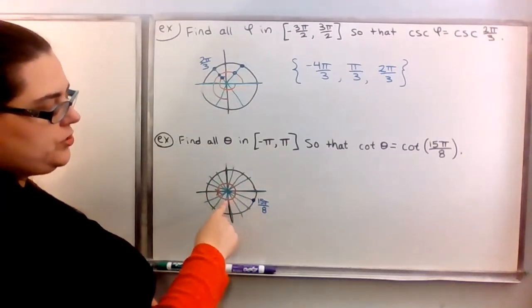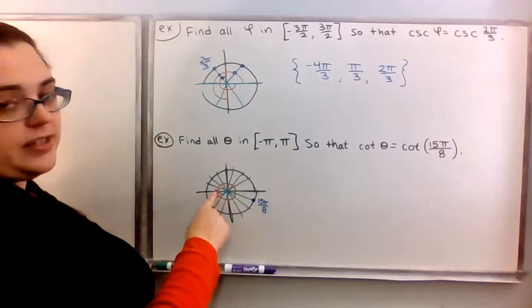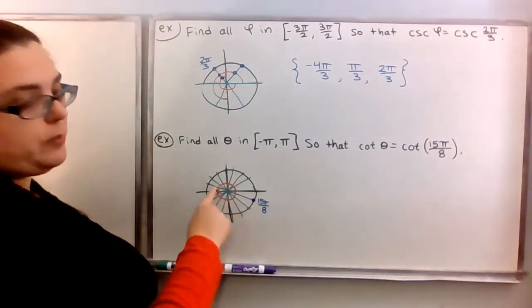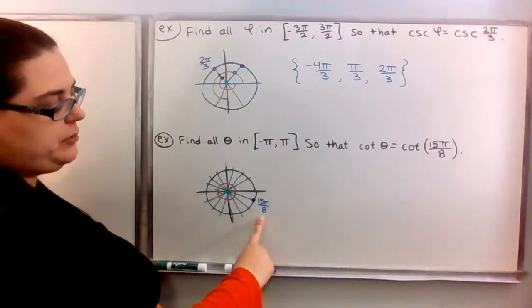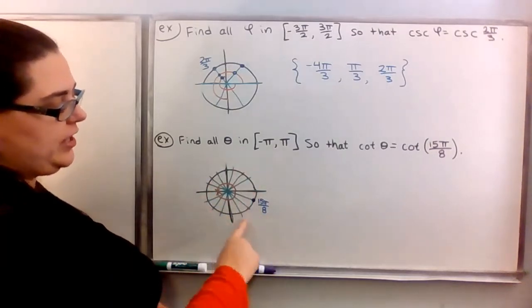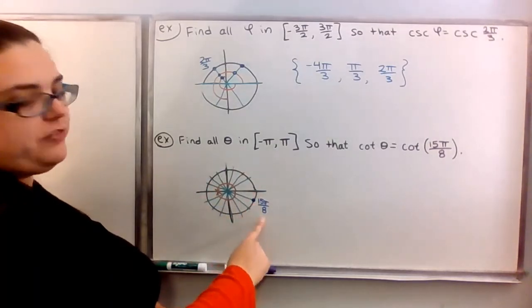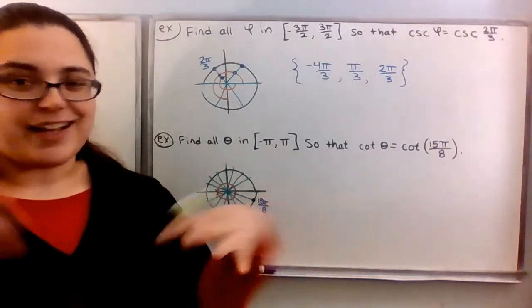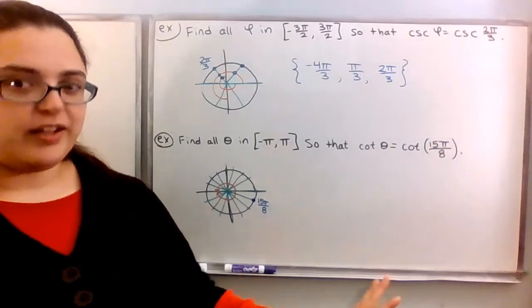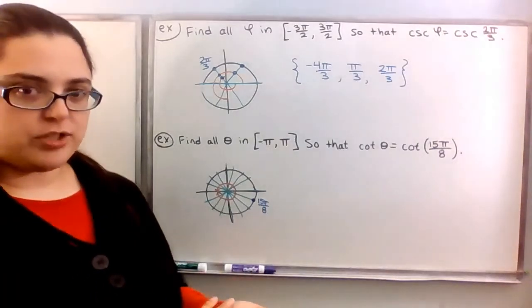From here to the other side of the X axis is negative pi, and here's my positive pi. And then to graph the 15 pi over 8, I just counted until I got to my 15th one, and there's my 15 pi over 8. So that's the first stage, getting all that given information into a picture.